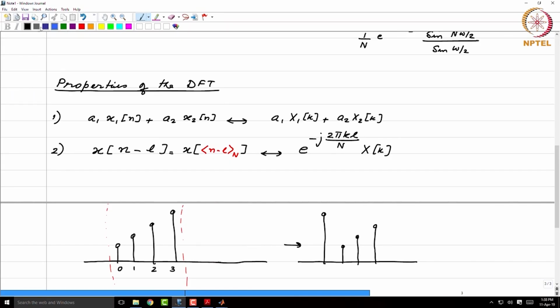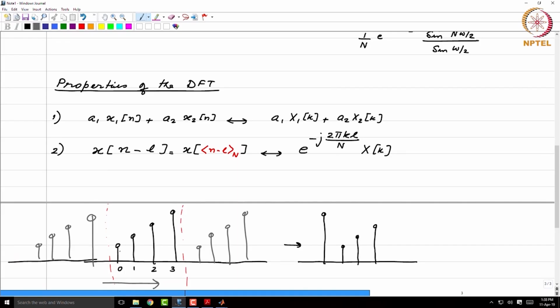Therefore, you have this, this is the periodic repetition. On this side also you have the periodic repetition, right. Therefore, when you move this by one sample to the left, this sample comes here, this sample comes here, and so on.